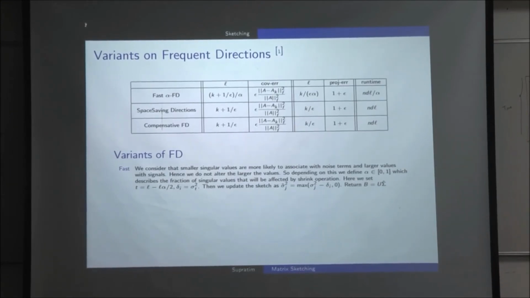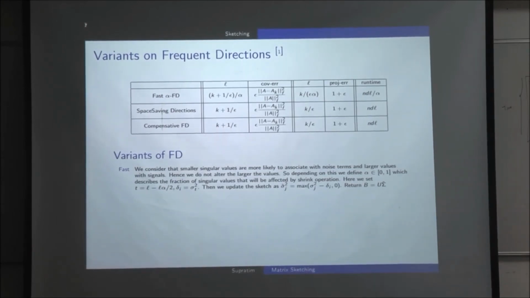Other variants could be like fast alpha frequent directions. In here the notion is that the smaller singular values may be associated with some noise, and the larger singular values are there because they must have come from signals.